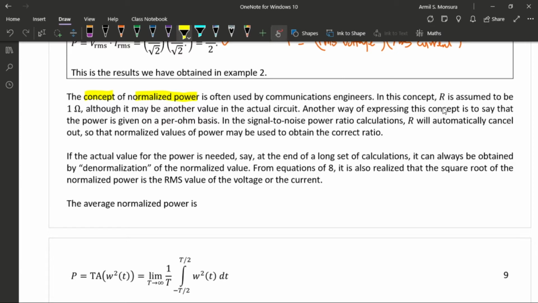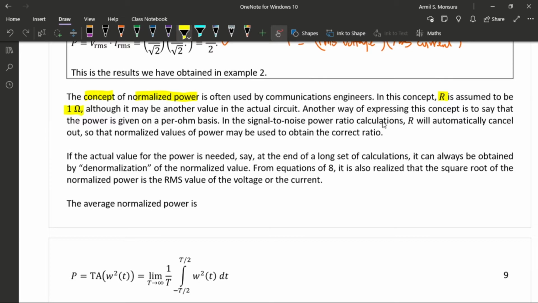Now, normalized power means that the power is applied to a load of unity resistance. So, yung circuit ninyo applies a power to a load whose resistance is 1.